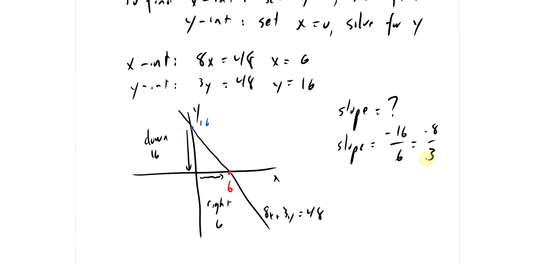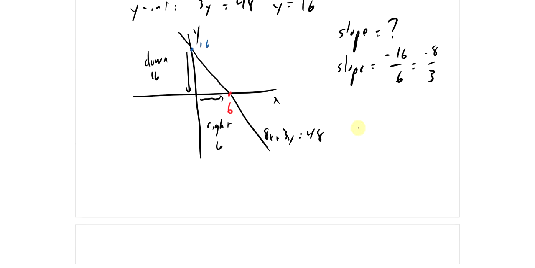And notice, and this always happens, if we have ax plus by equals c, the slope is always the coefficient of x divided by the coefficient of y with a minus sign slid in. So we'll make a little note there for ax plus by equals c.